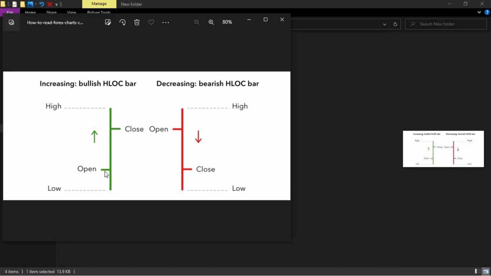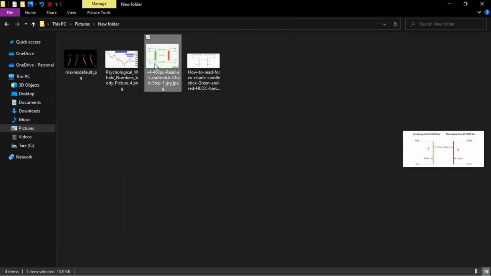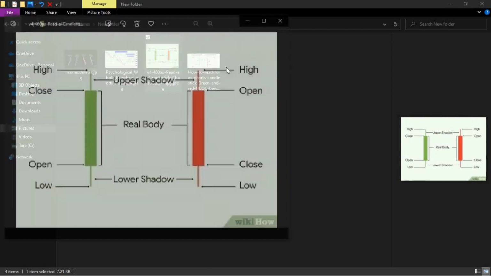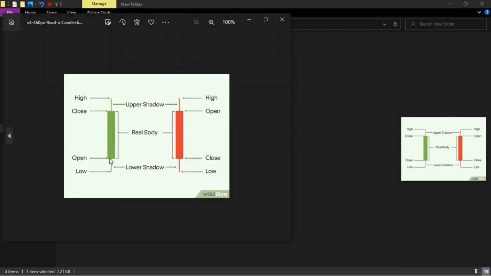So anytime you see a daily candle and then you see this, just know that price opened here and closed above this for a bullish day, and price opened here and closed below the opening price on a bearish day.